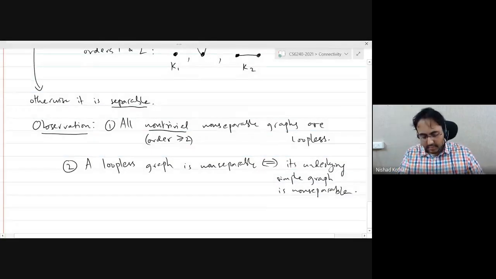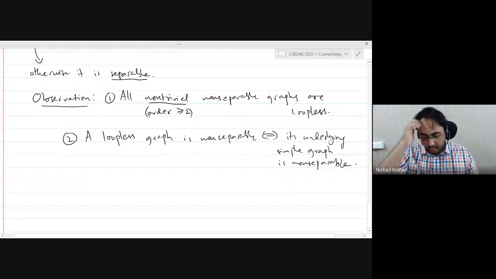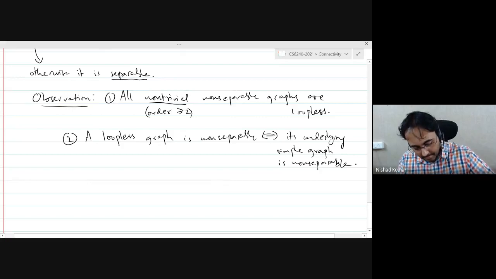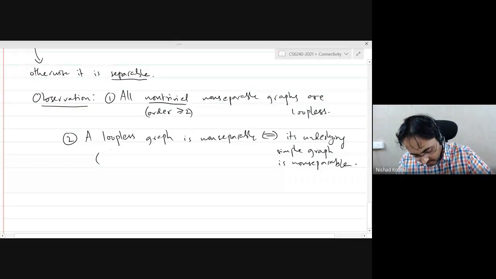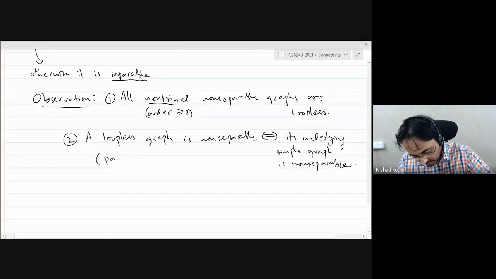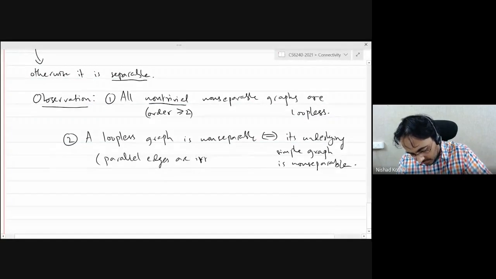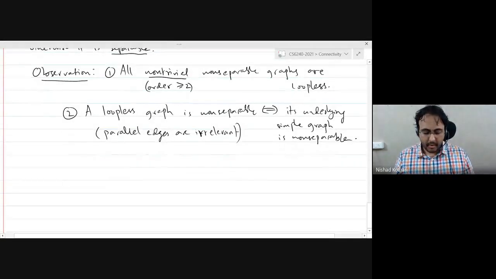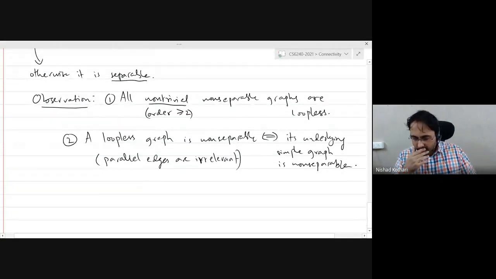So the graph is non-separable if you can throw away all the parallel edges and the remaining graph is non-separable. Another way to say it is parallel edges are irrelevant.